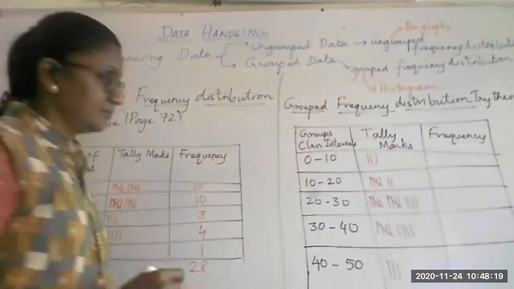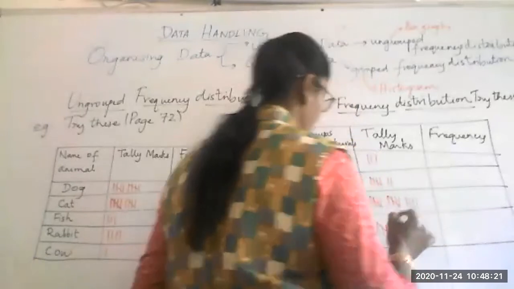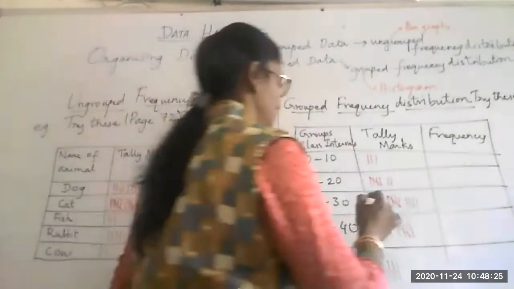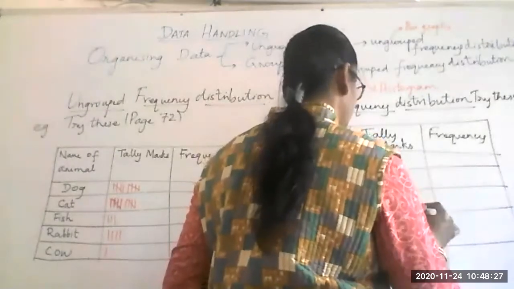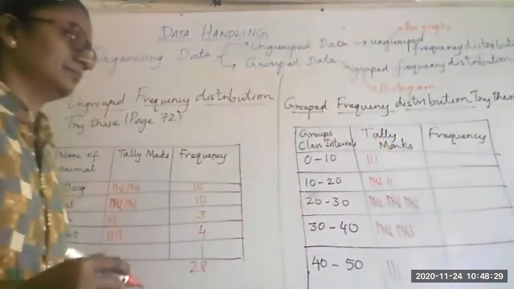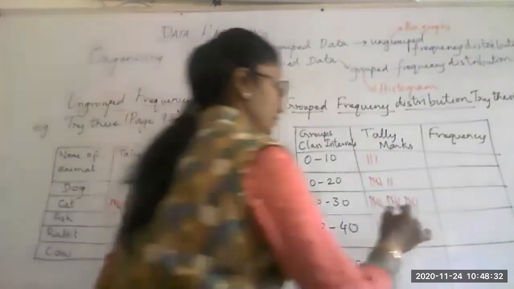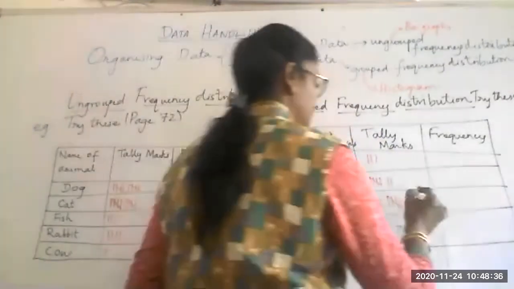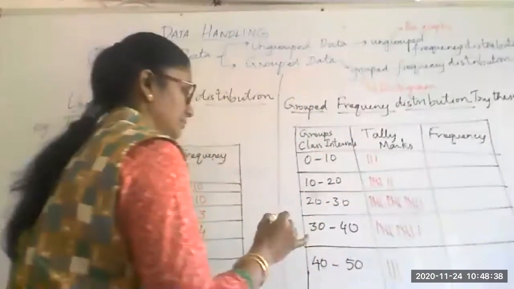32. Fourth group. 23. Third group. 31. Fourth group. 21. Third group. 34.